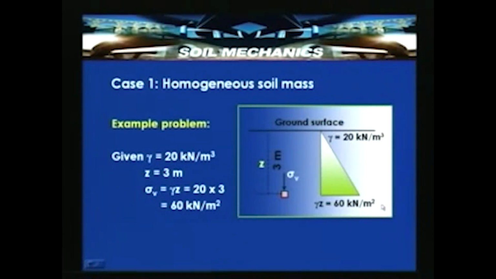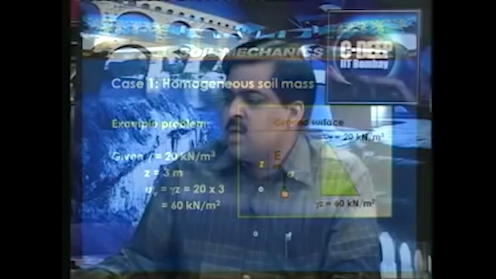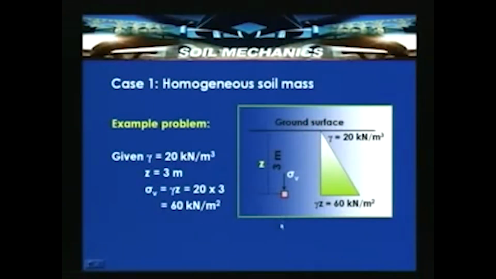So, this variation of the geostatic vertical total stress with the depth is linear. Here the depth of the soil is like this and the stress is plotted here, then the plot can be obtained like this. So, this is an example problem for a homogeneous soil mass.